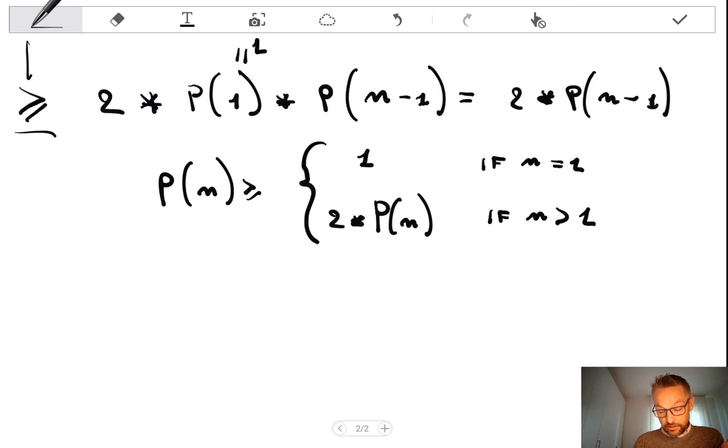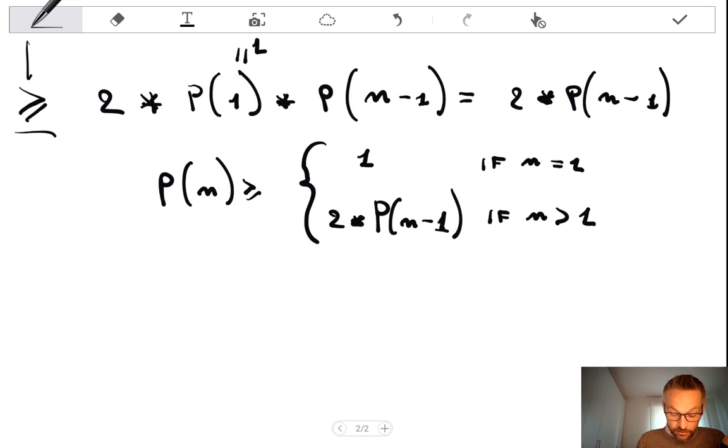By the way, no one noticed this, but this is the correct equality, of course. As I was saying, this is much easier to solve, because basically I'm multiplying by 2 every time I decrease n by 1.